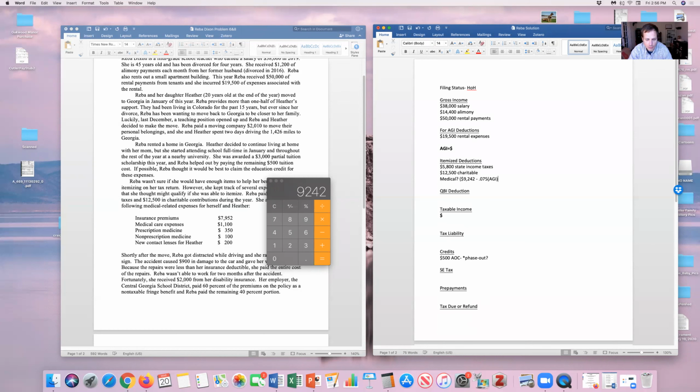Before we do that, we want to make sure that we've got all of the income and for-AGI deductions. So we need to know her AGI for sure before we get there. So we're also going to make sure that we come back to this.